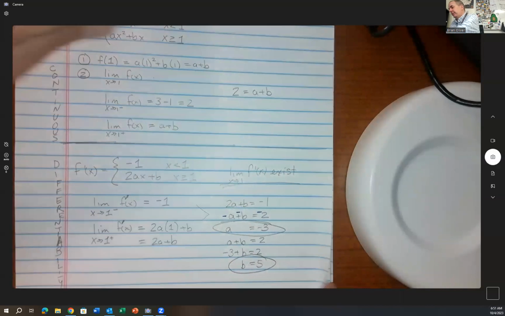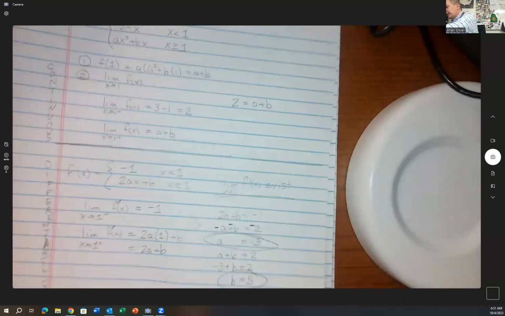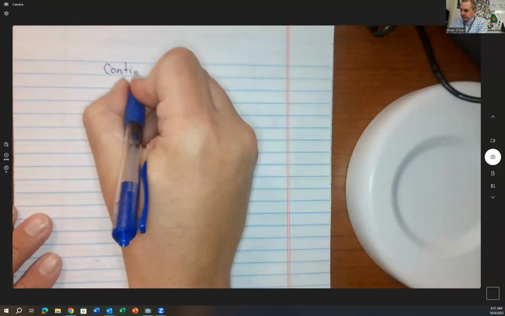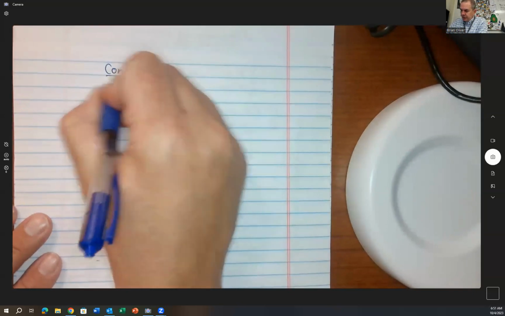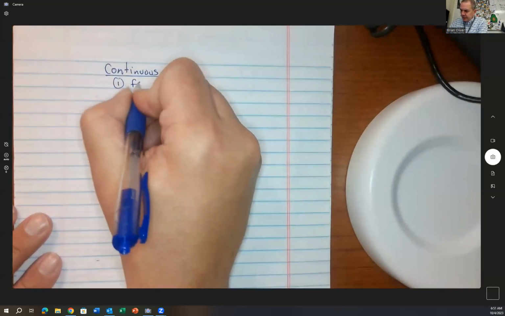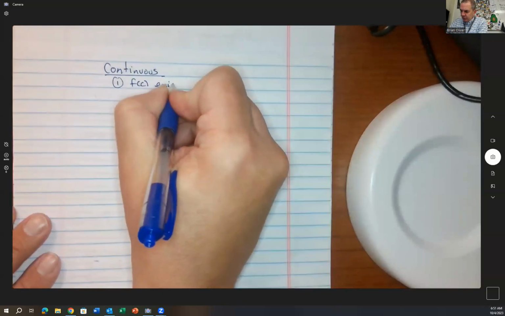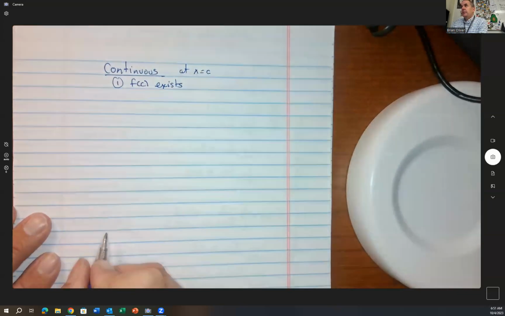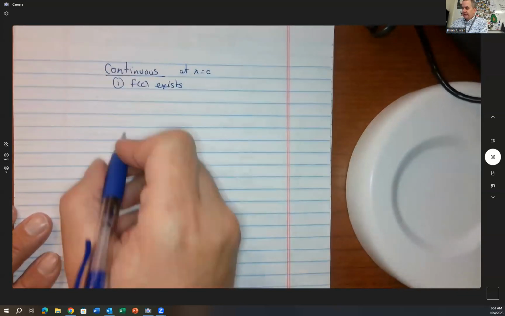So again, the rule is this. Let's review just so you have all of them in one place. The rules of continuity: to prove that something is continuous, you need to do the following. I'm looking for continuity at x equals c. First thing we're going to say is f of c exists.